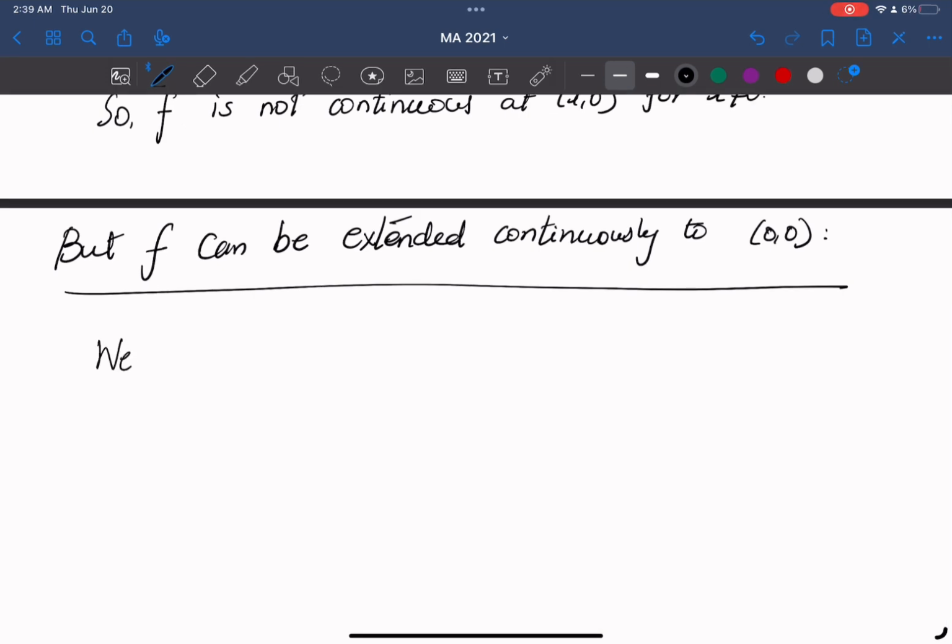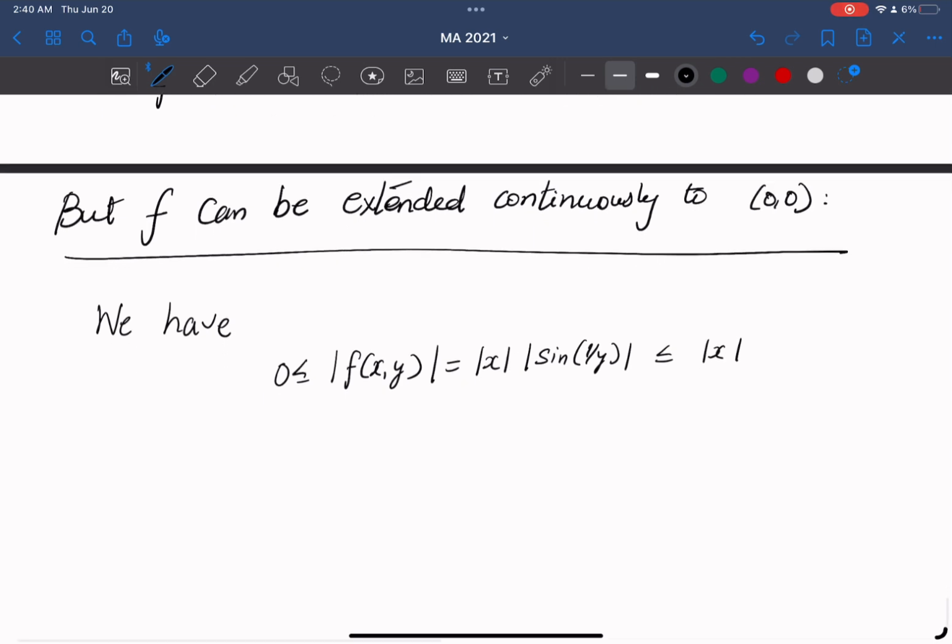What we have is this: 0 is less than or equal to the modulus of f(x, y) for any (x, y). This is equal to modulus of x times modulus of sine 1 over y, and we know that modulus of sine is less than or equal to 1, so this quantity is less than or equal to modulus of x.